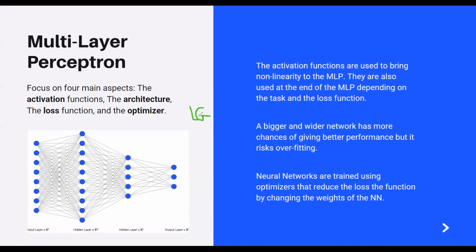Instead of performing one logistic regression on the input, we perform 100 logistic regressions. And then we use the output of these logistic regressions as input for another logistic regression, right? And this is what's happening in neural networks.